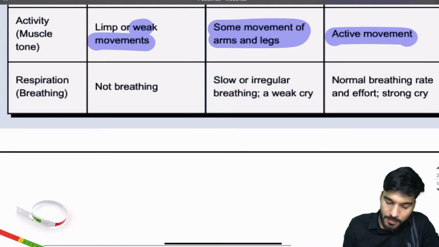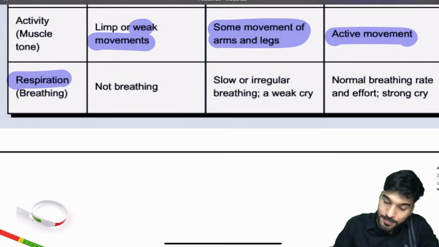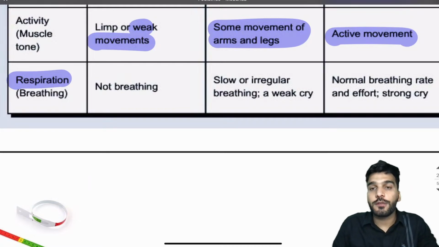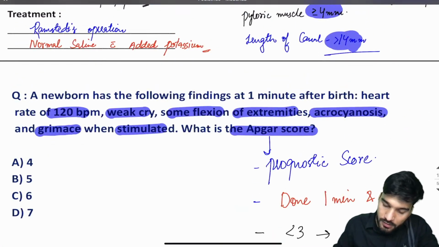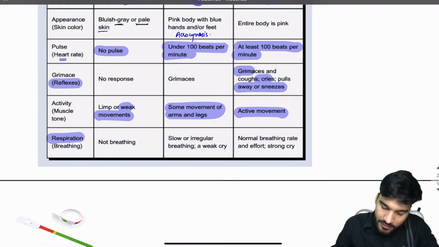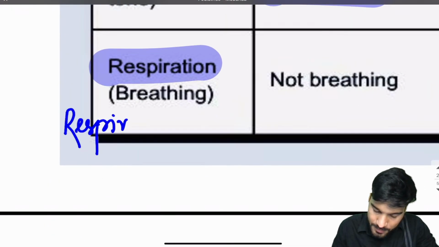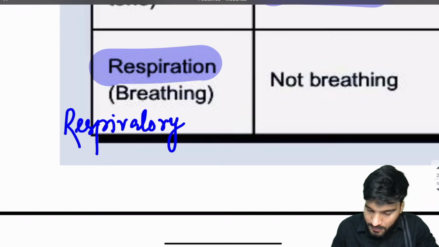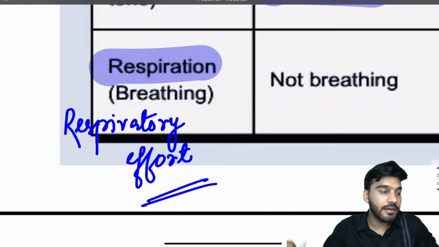Then talking about respiration, do remember, it is not the respiratory rate, it is the respiratory effort in the Apgar score. The first question they can ask is, which of the following is not a parameter of the Apgar score? It is the respiratory rate, because the parameter is respiratory effort.